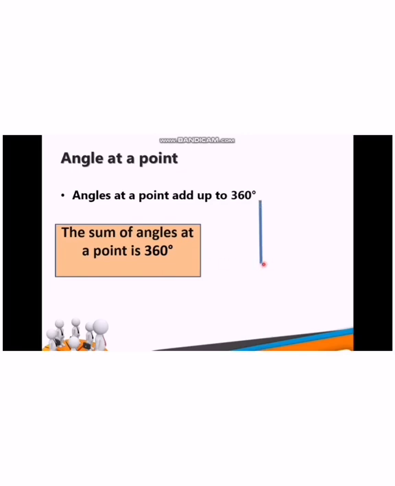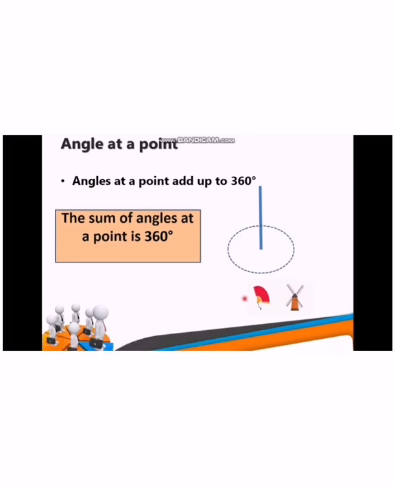Let's take a stick. A ball rotates around a stick. What angle does it become? Before we know, let's have some examples of angle at a point. This fan is also an example of angle at a point.